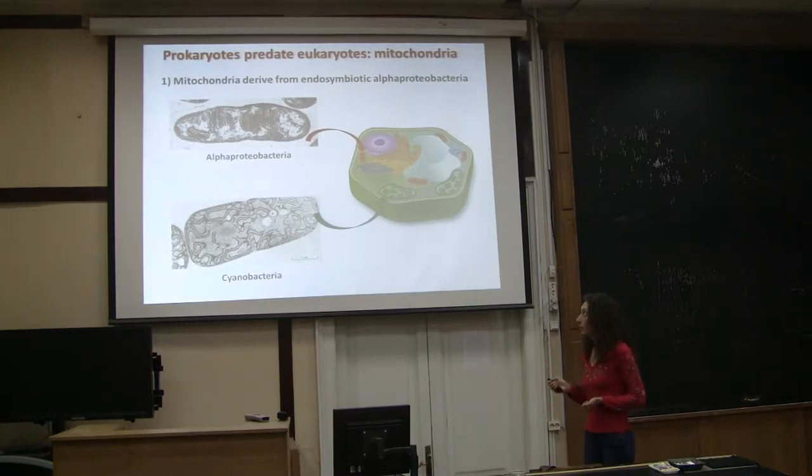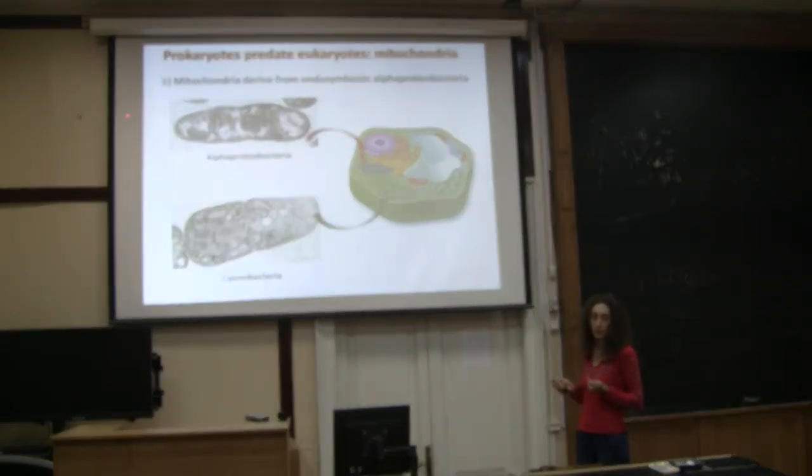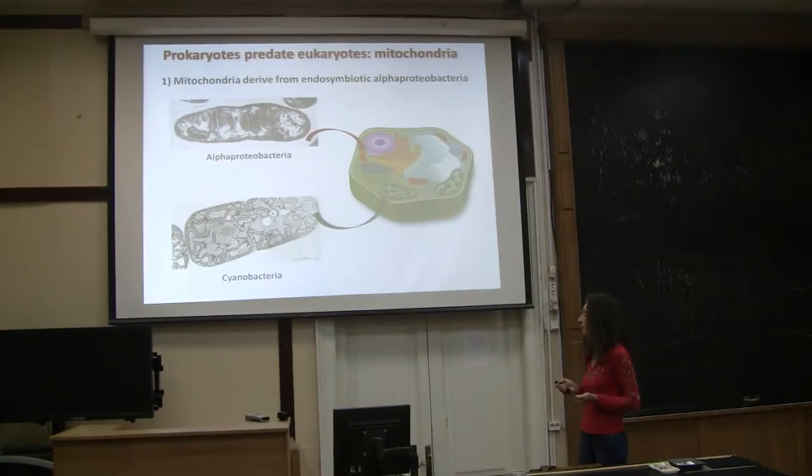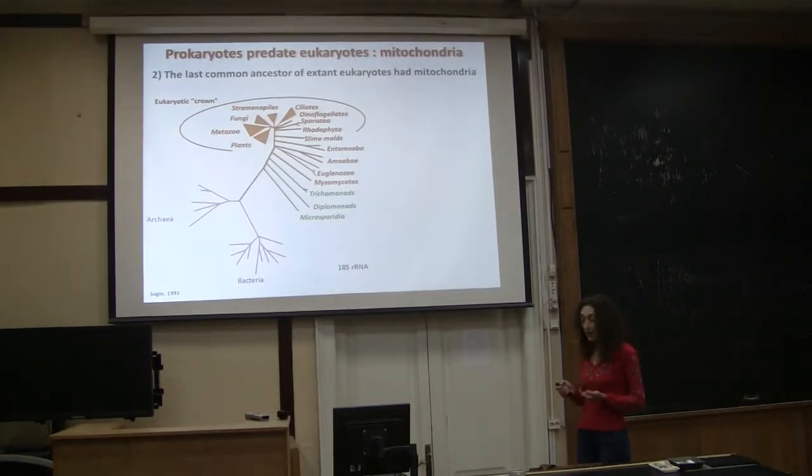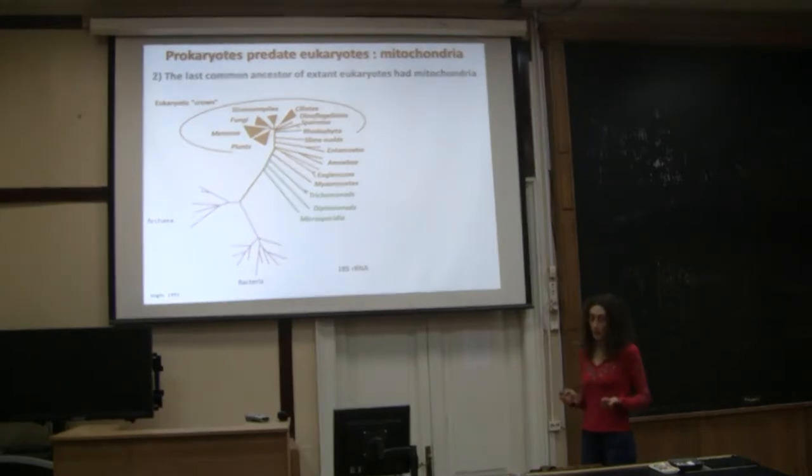In the case of the chloroplast, it was discussed yesterday by David. These were cyanobacteria. In the case of mitochondria, we now know that they derive from a particular group of proteobacteria, the alpha proteobacteria. Right? And we know that all eukaryotes, the last common ancestor of eukaryotes, had mitochondria.